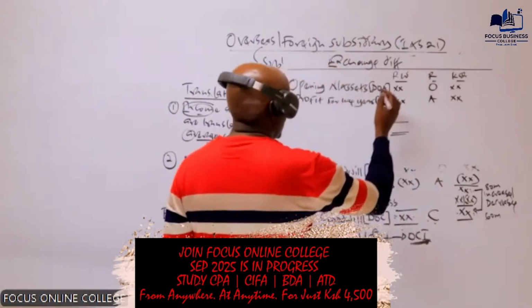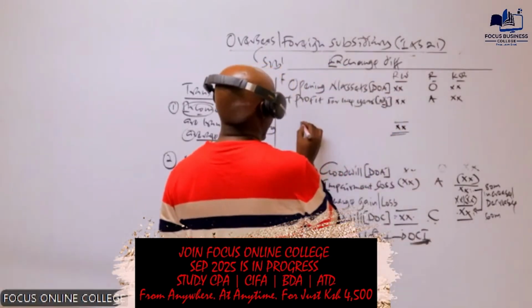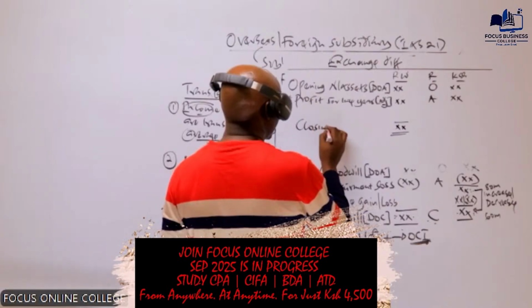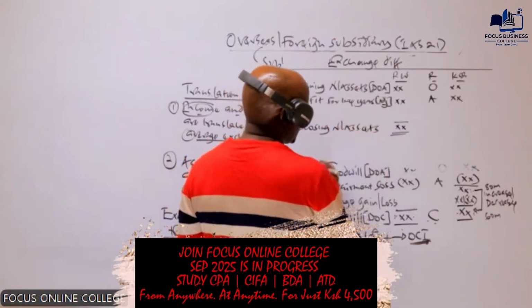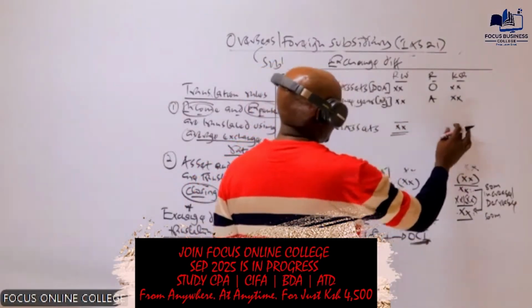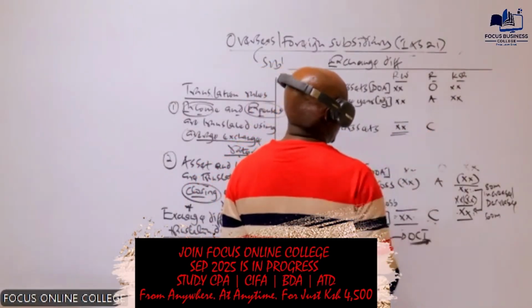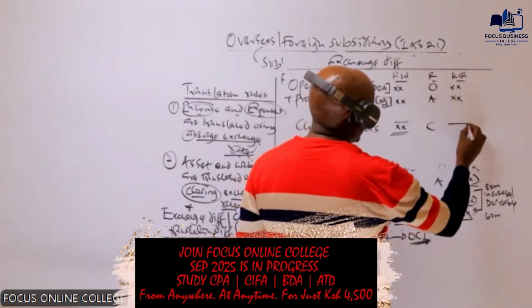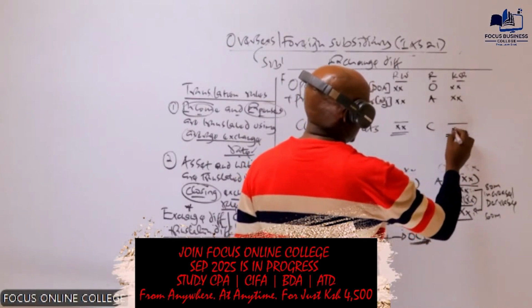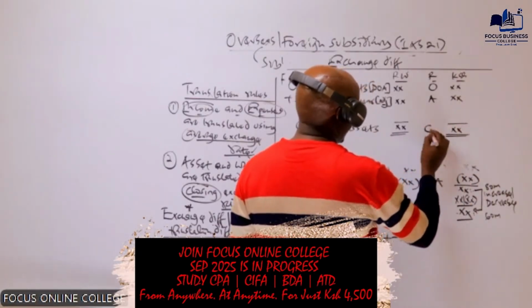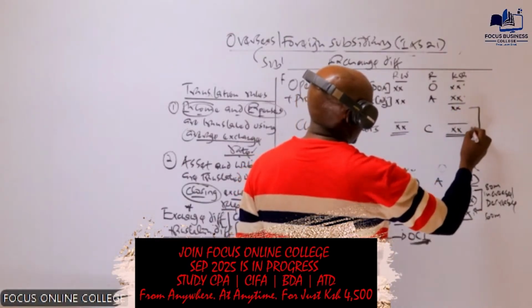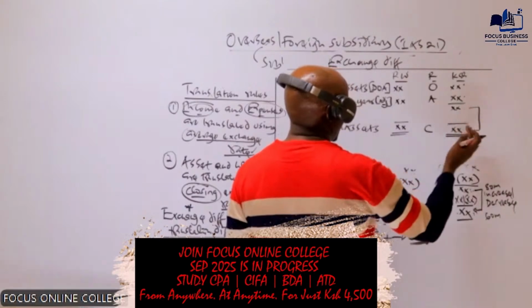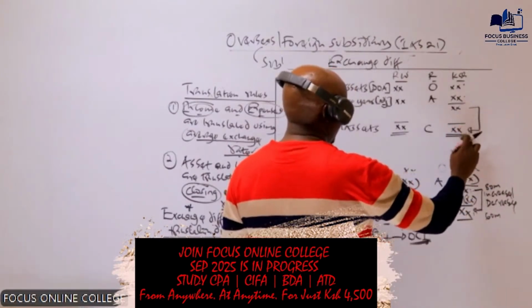What we will have here is the closing net assets of the subsidiary. We translate that now into presentation currency using the closing exchange rate, and we get the translated value here. And then we take this plus this, and we compare this with that, just like what we have done down here.